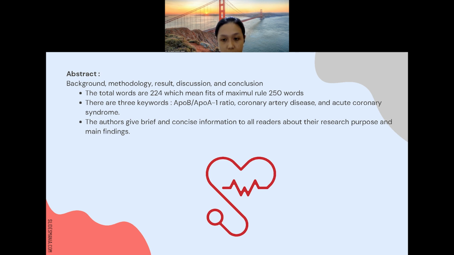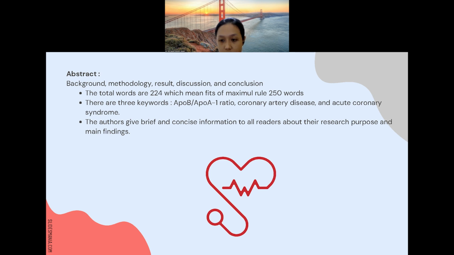The first is the abstract. The abstract was written very impressively by the authors and includes the background, methodology, result, discussion, and conclusion in a clear way. The total words in the abstract are 124 words, which fits the rule of a maximum of 250 words.